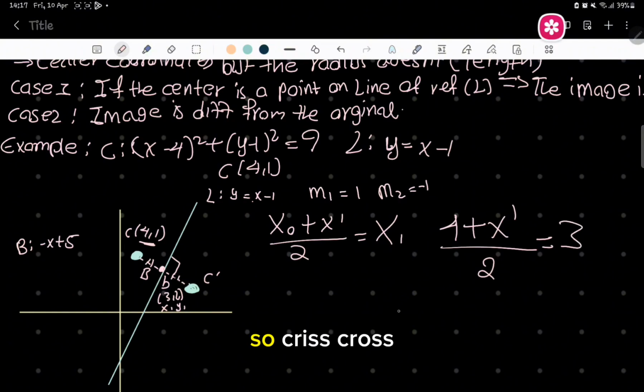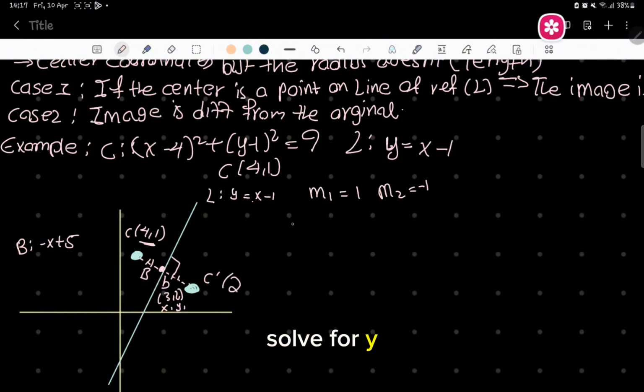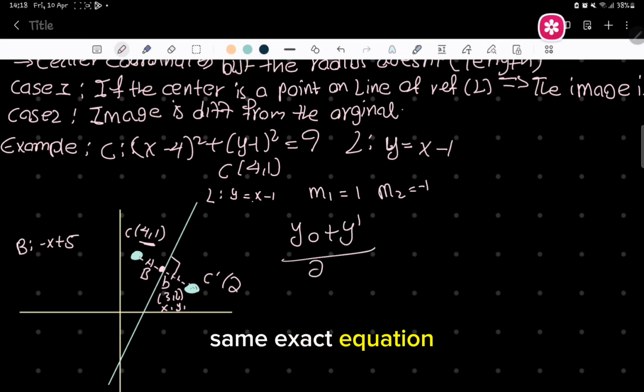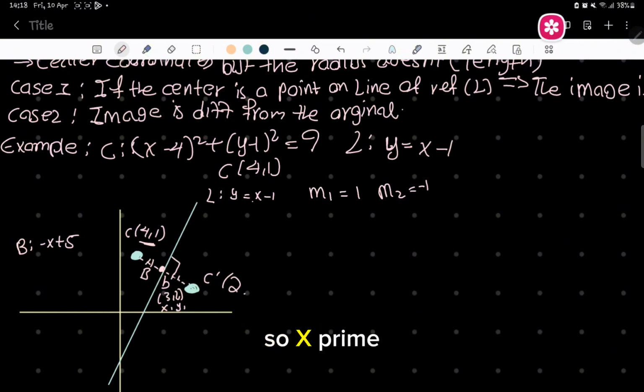Crisscross, 6 equals 4 plus x prime, so x prime is going to be 2. Next, we solve for y using the same exact equation. y of b in this case is 2, so 2 times 2 is 4, which equals 1 plus y prime. Then y prime is equal to 3.